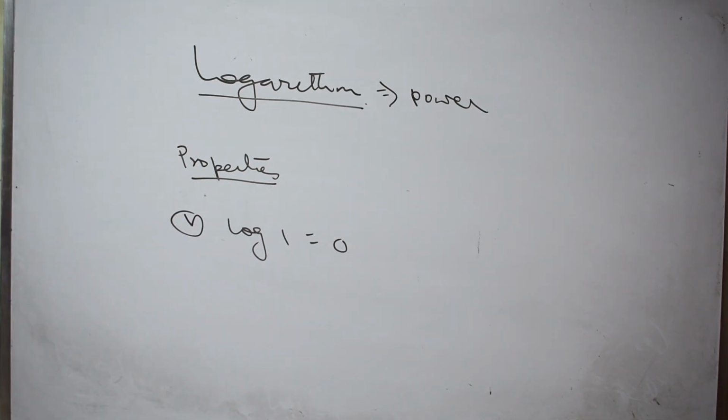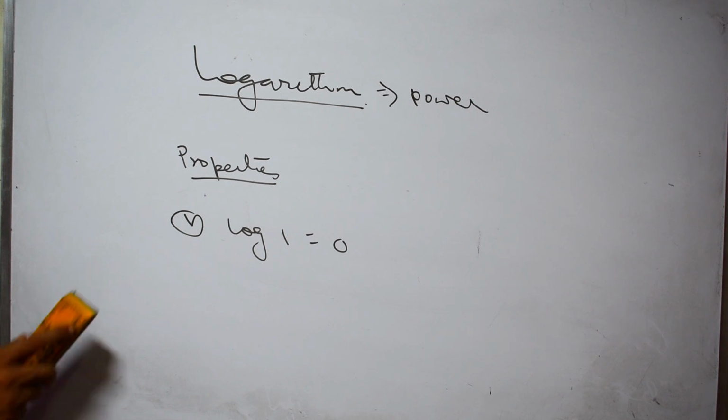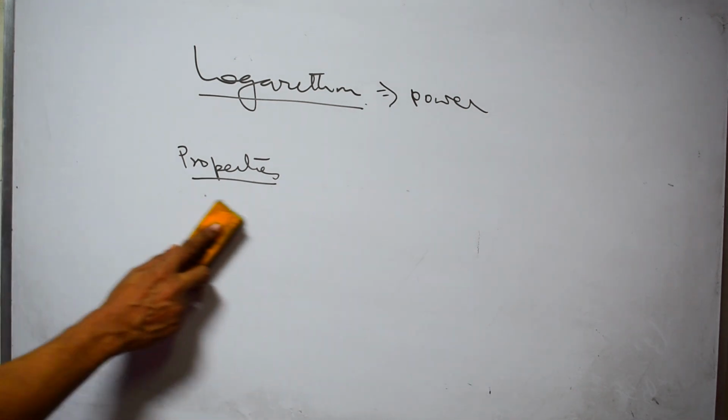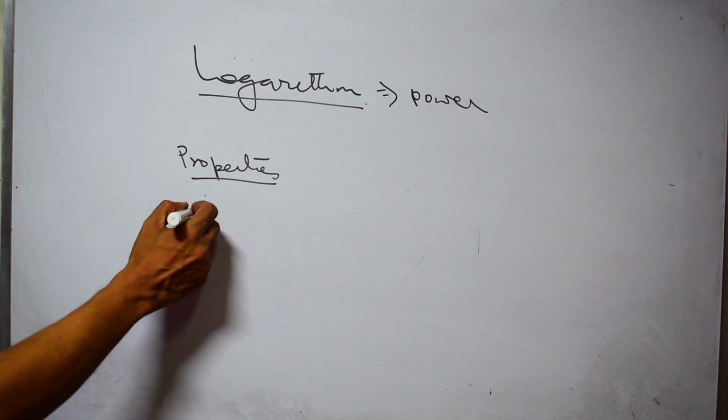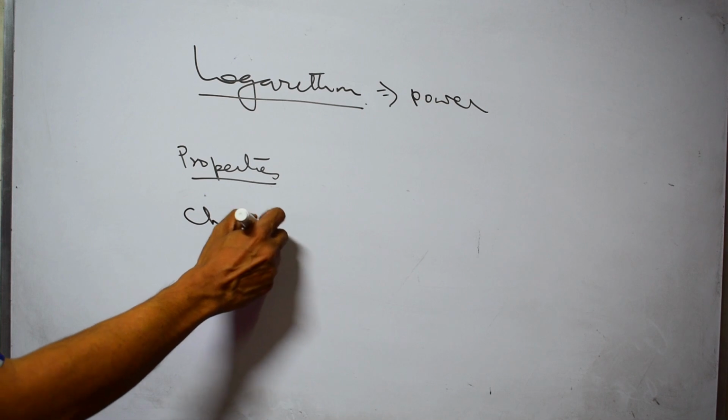Log 1 is 0. Now we have a very important idea: if we need to change the base. These properties are all for a fixed base, the same base, but if we want to change the base, how do we change it?